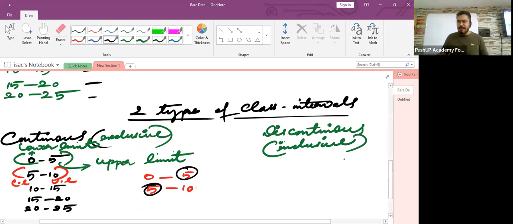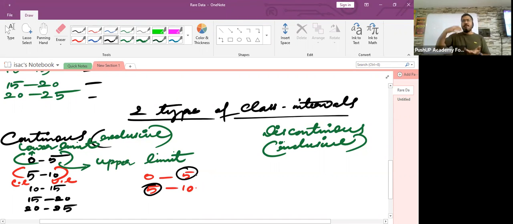Yes, because the upper limit in the first class interval is 5, and the lower limit in the second class interval is 5. That means when you are continuing this journey of class intervals, once you are done with the first class interval 0 to 5, you continue with the same value to start your second class interval.